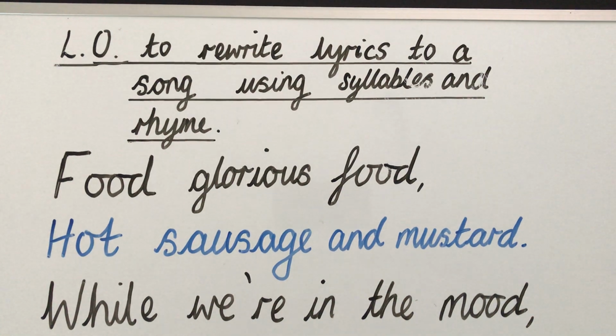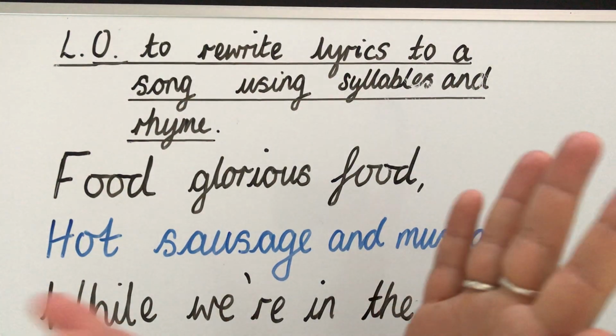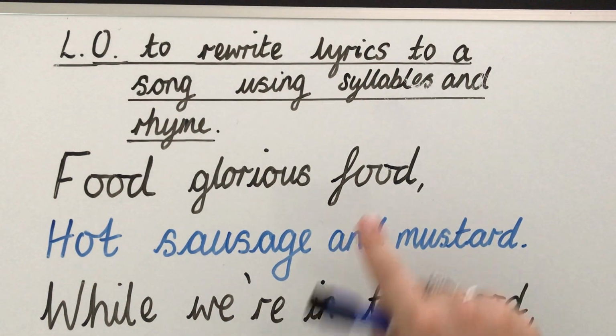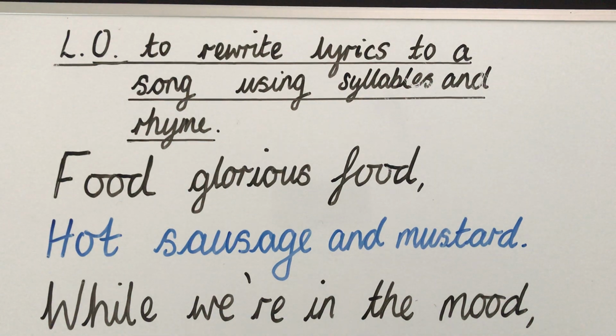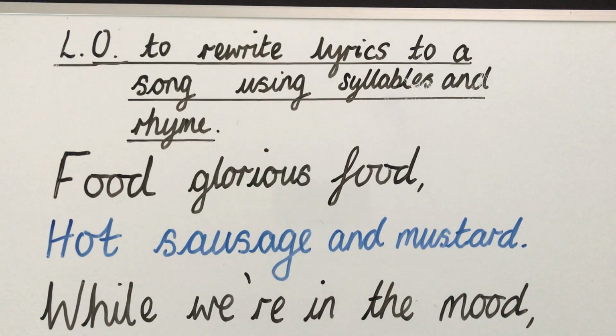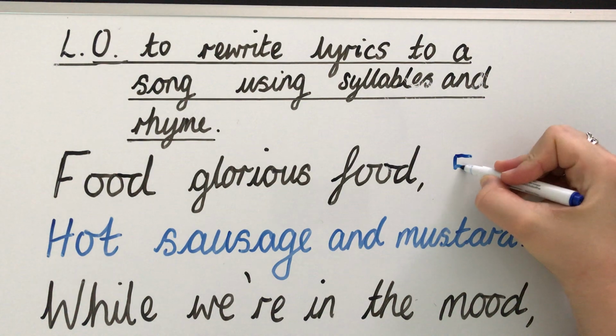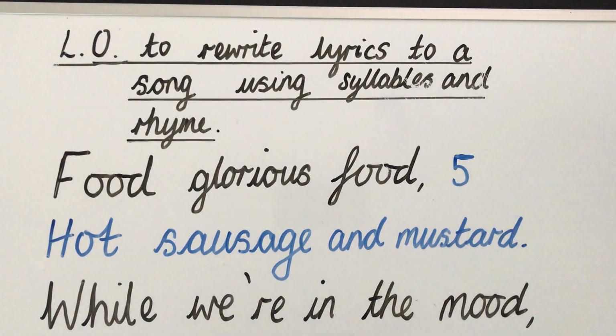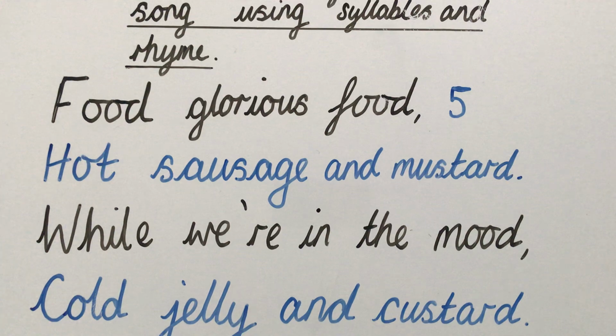So food has one syllable because there's one beat to food. Glorious has 3 beats, glorious. And then we've got food on the end again, which is 1 beat. So if we count them, food, glorious, food, this line has 5 syllables. This line isn't one that we're going to need to change, but it's good to work out how many syllables are in each.